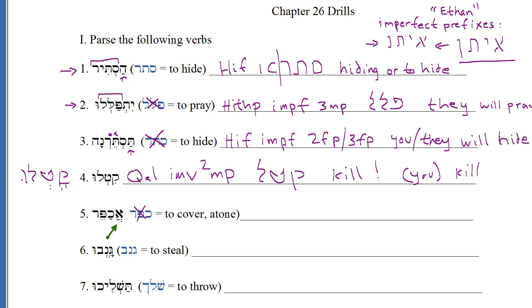We see a half vowel under the aleph, which is a hataf patach, and this indicates piel or pual imperfect. So now we need to look at the R1 vowel. And the patach R1 vowel and the doubled R2 tells us piel. So we have a piel imperfect, and that is a first common singular of kafar, to cover or atone, and that would then be I will atone, or I will atone for something.